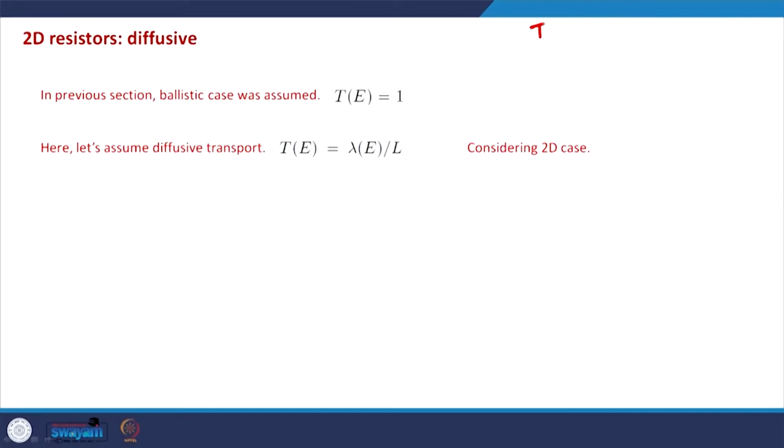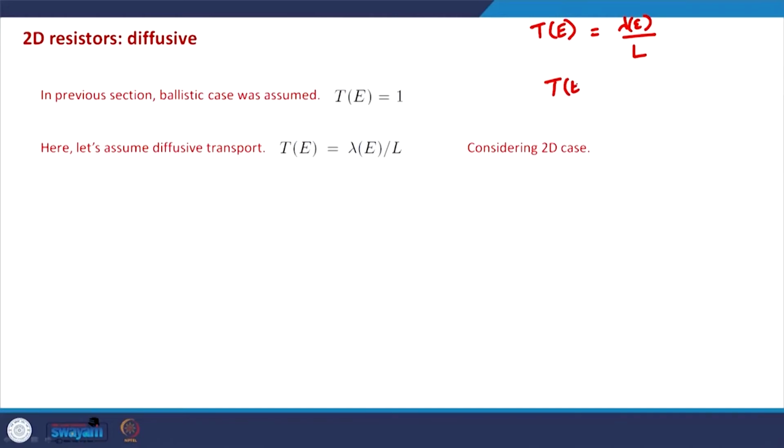In that case, the transmission coefficient Te is equal to lambda E by L. But in intermediate cases, when the conductor has electron scattering but is not extremely long, not a bulk conductor, in the intermediate length scale, the transmission coefficient needs to be taken as Te equal to lambda E divided by lambda E plus L.